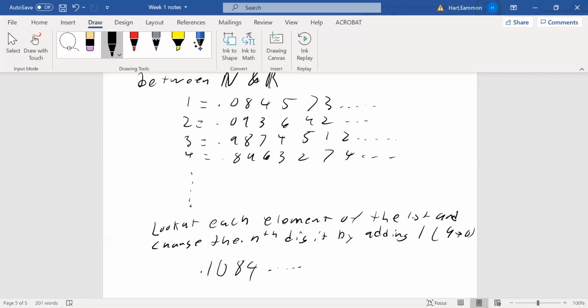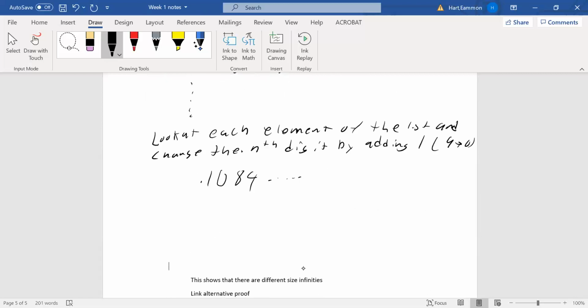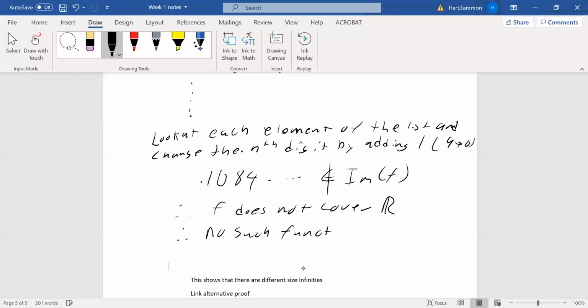That means that it can't be equal to any element of this list, which means that this mapping does not actually cover R. Therefore, this is not in the image of F. Therefore, F does not cover R, which tells us that no such bijective function, or surjective function, exists.